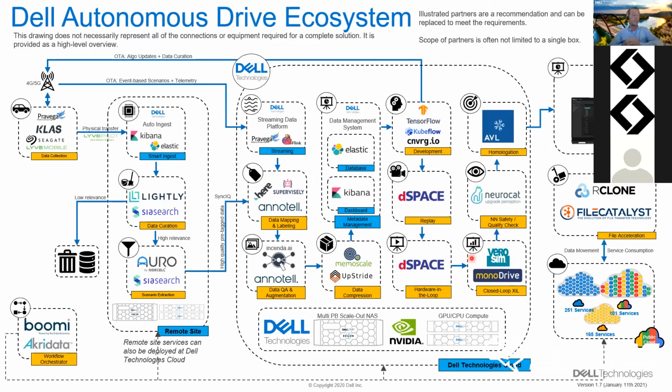So last but not least, and this is one of my last slides, we've published our new so-called Dell autonomous drive ecosystem in December 2020. And this autonomous drive ecosystem is clearly focused on visual recognition tasks, because the underlying sensors used in the data collection building blocks are cameras, up to 13, LiDAR, radar, ultrasonic sensors, thermal imaging.